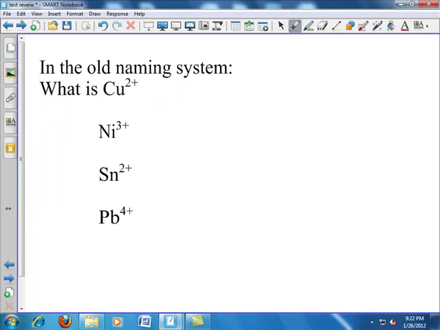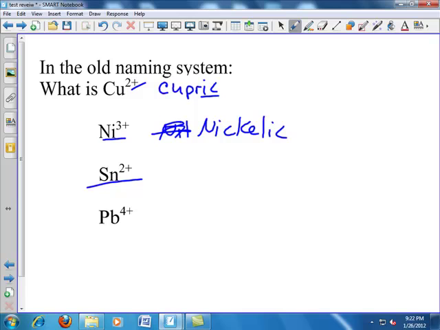And then in the old system, make sure you understand what the charges are. Cu plus 2, higher charge, cupric. The -ic is the higher charge. Ni, nickelic, or excuse me, not nitric. Sn, stannous, lower charge, and Pb, higher charge. Again, use the polyatomic ion sheet.